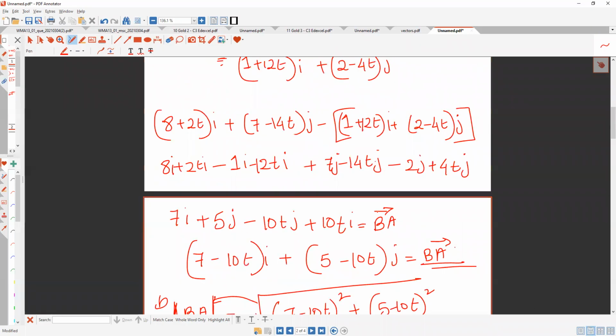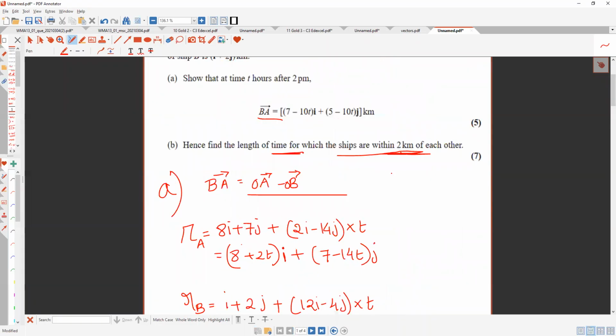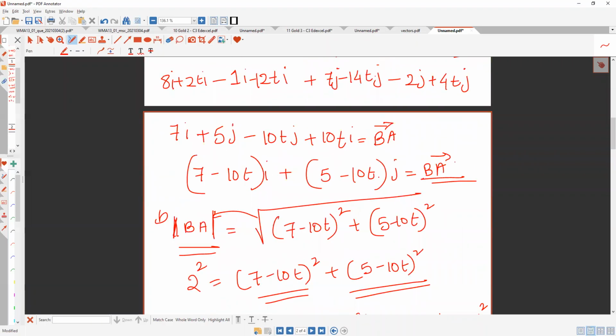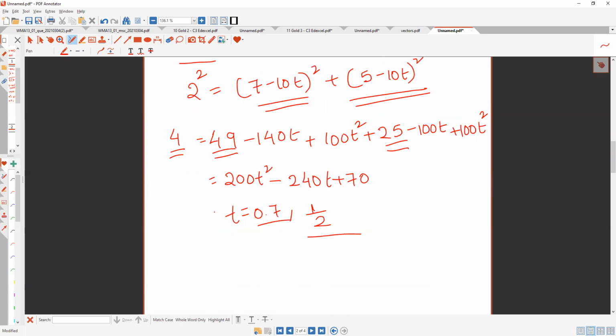Now let's see. Did they ask us the time? Find the length of time for which the ships are within 2 kilometers of each other. They started from 0.5, then till 0.7, so around 0.2 hours. What is the meaning of length of time? How long were they 2 kilometers from each other? Like how long will you do today's class?